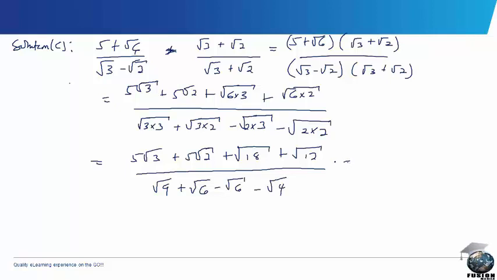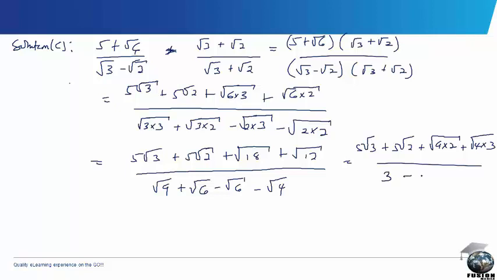Okay, so this is equal to 5 root 3 plus 5 root 2, plus root 18 we can write as root 9 times 2, and then root 12 we can write as root 4 times 3. Okay, so at this point square root of 9 is 3, root 6 minus root 6 will go off, and then square root of 4 is 2.